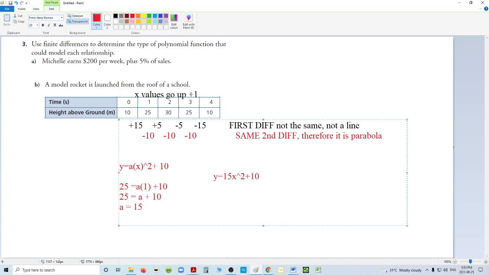I don't buy that this is an upward facing parabola because it's going downwards. So that means I probably did something incorrect. When x is 1, y was 25. I think it's a downward facing parabola, which means I probably put in an incorrect value here.